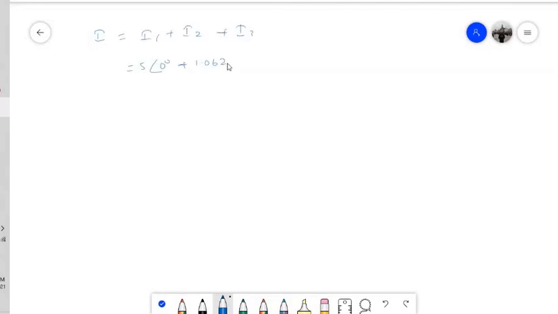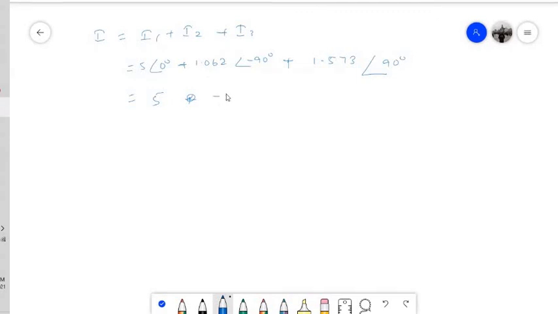Now to find I, we have 1.062 minus 90 degree, and this was 1.573 plus 90 degree. Okay. So now if you can express this in rectangular form, it will be easy for you to add. So this will be 5 itself. If you try to express this in rectangular form, in place of minus 90 you can write 1.062 cos minus 90 degree plus j sin minus 90 degree.